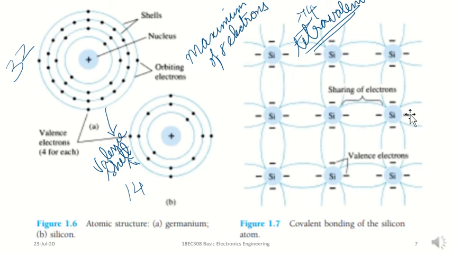Suppose externally the temperature is increasing, what happens? These bonds get broken. This bond is called a covalent bond. The covalent bond gets broken, and now your intrinsic semiconductor, which is an insulator, will start conducting.